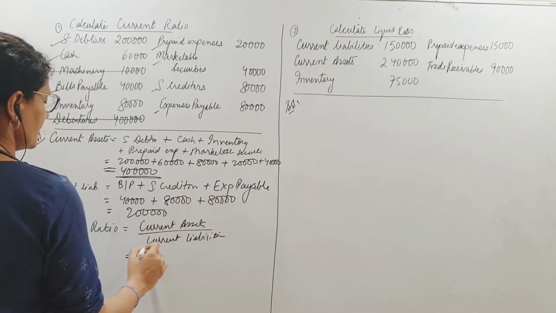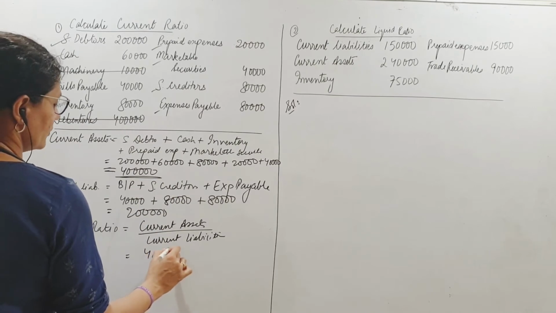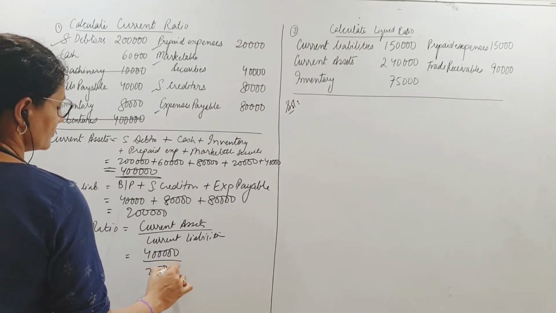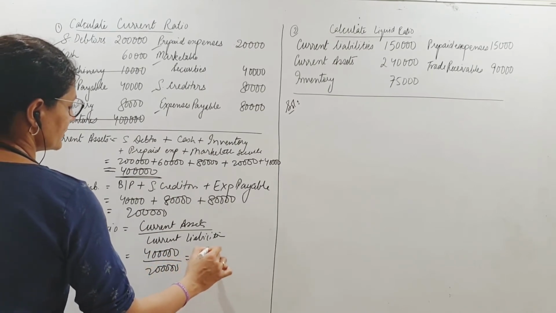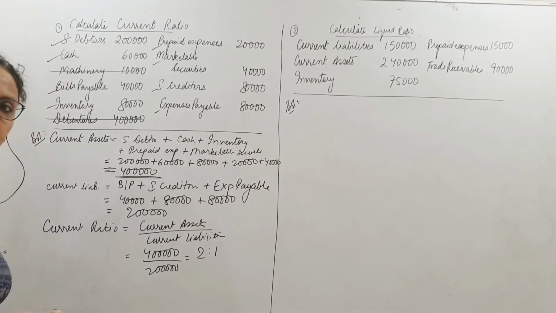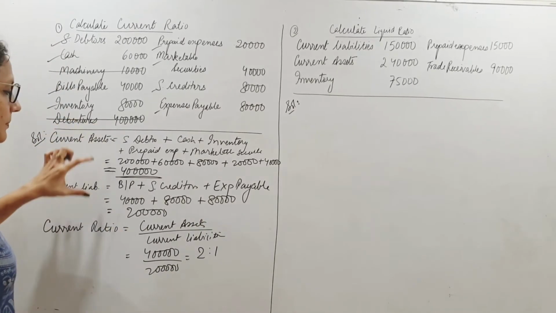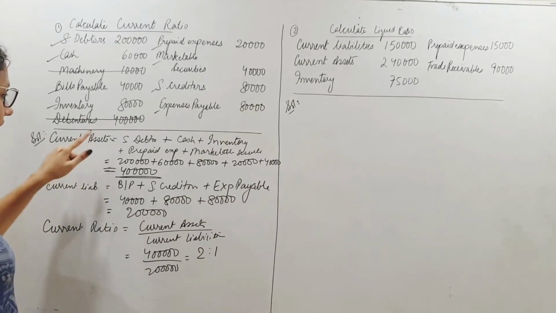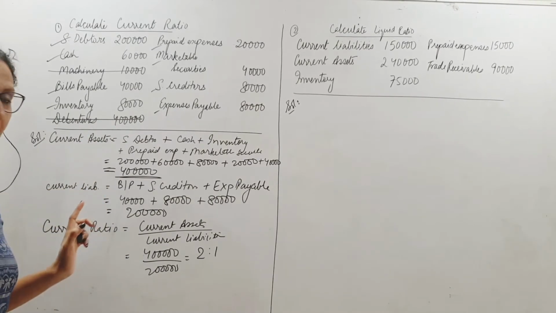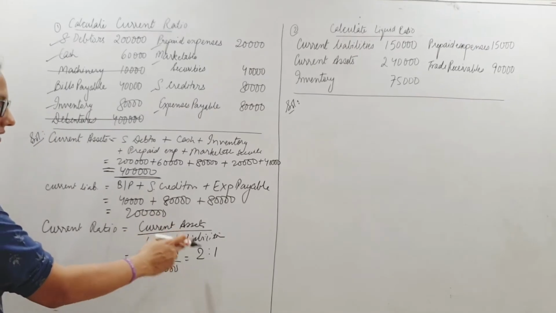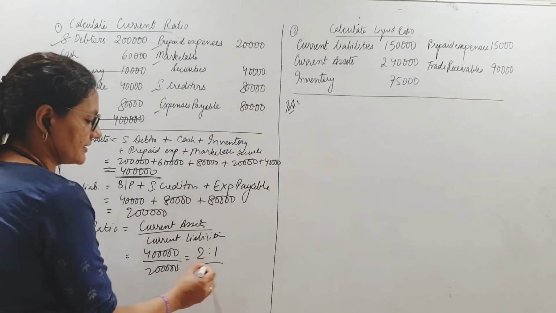Correct? Which is, we have calculated as 4 lakhs and 2 lakhs. So my ratio is 2:1. Correct? So this is how I show all my working. I show, and every step will have marks. How I get this, and the formula, and again this.